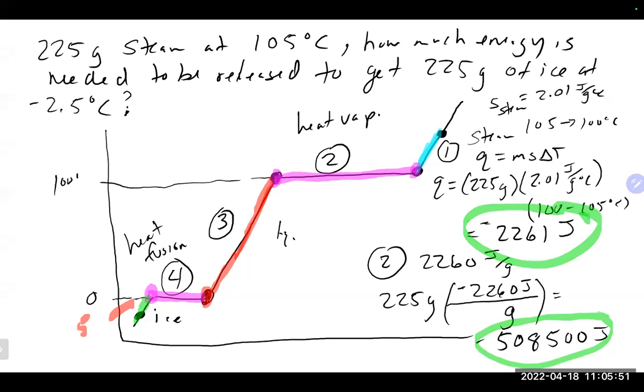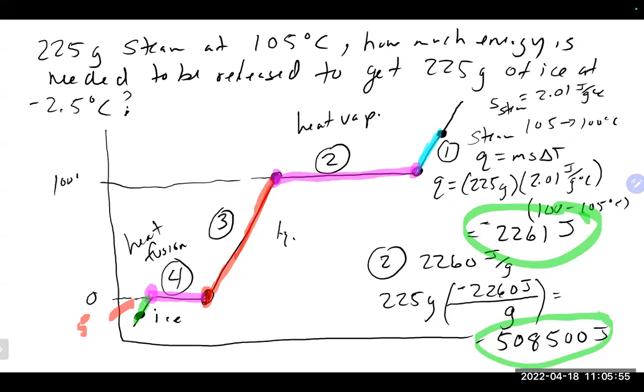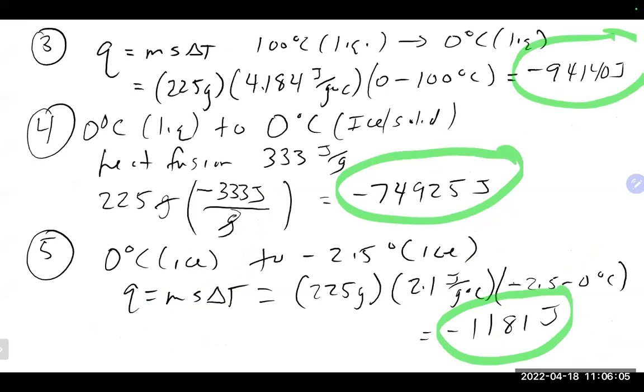So if we do that, we end up with, roughly speaking, 2261 plus 508,500 plus 94,140 plus 74,925 plus 1181.